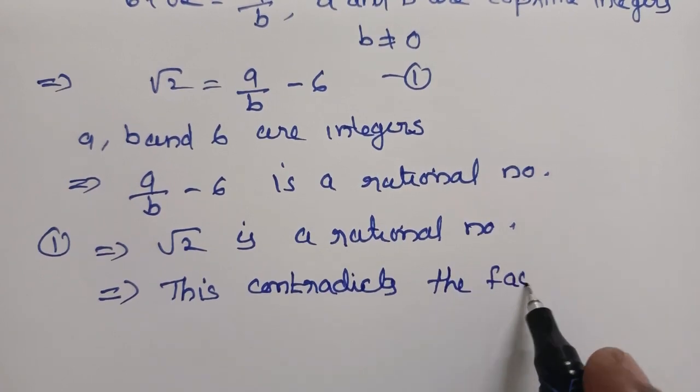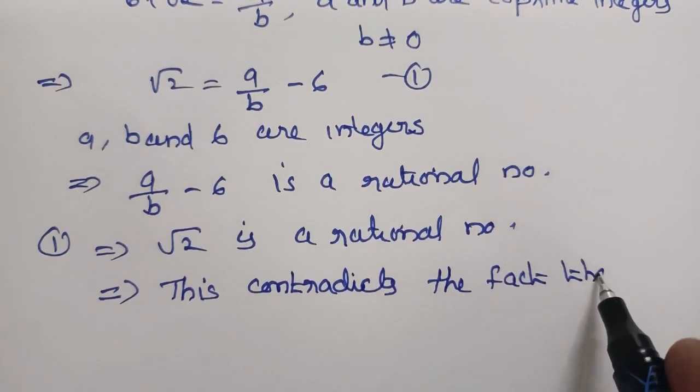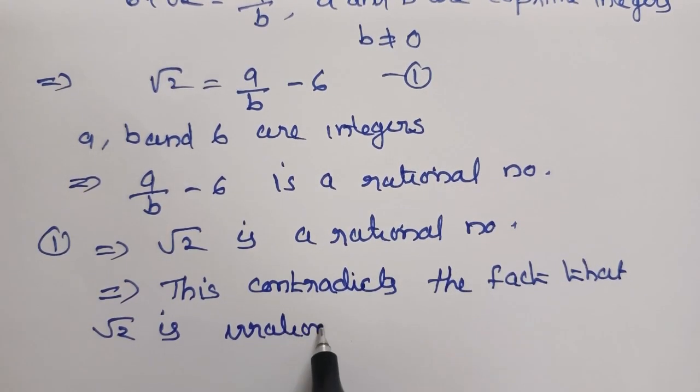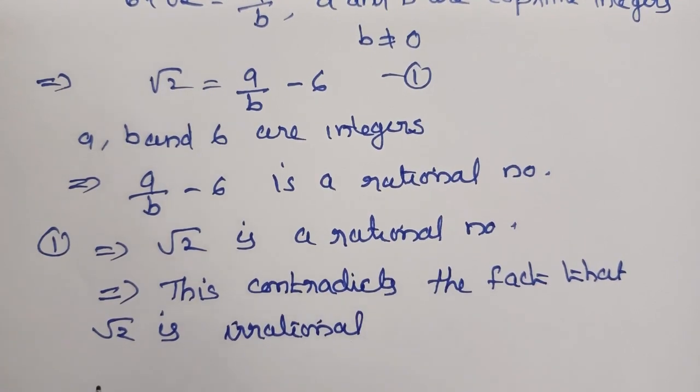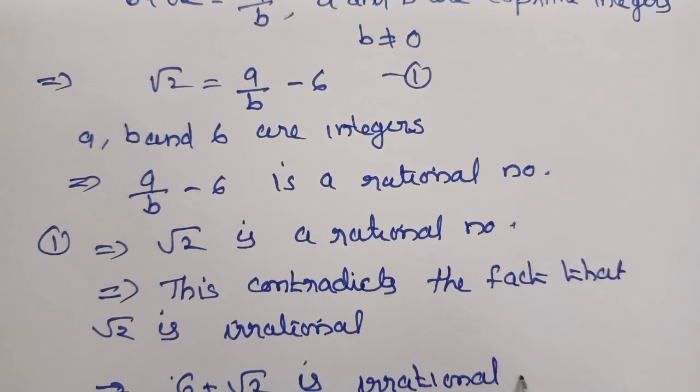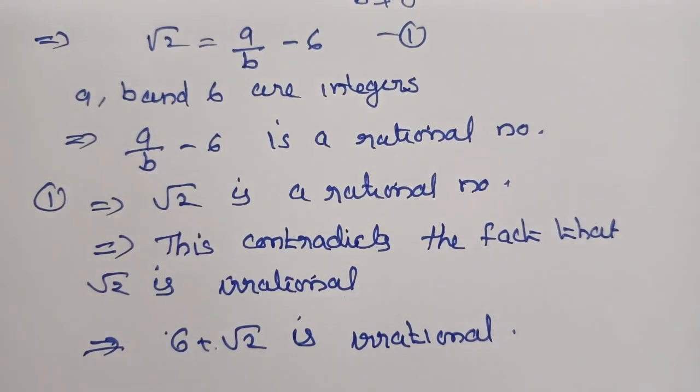Therefore, our supposition is wrong, which means 6 plus root 2 is irrational. Okay. Thank you.